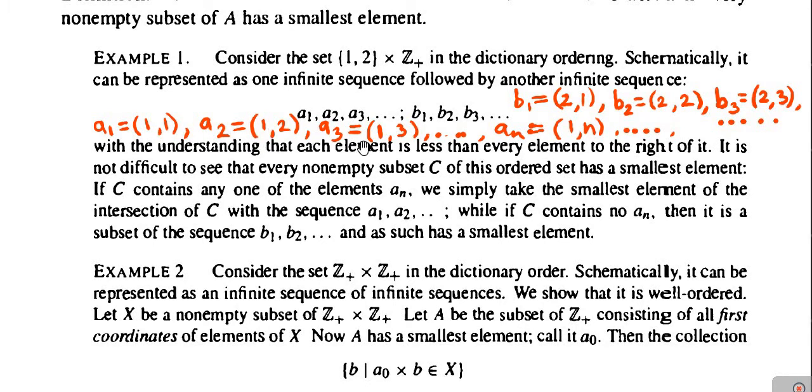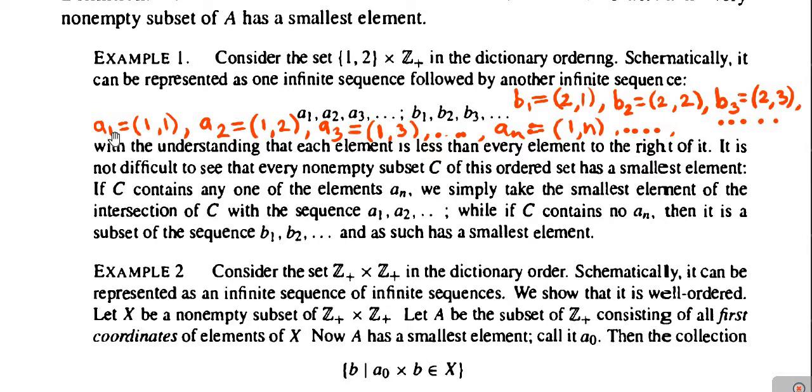Next, a2 is less than a3, as the first component is 1 in both, but the second component of a2 is 2, which is less than the second component of a3, which is 3, and so on. Similarly, b1 is less than b2, as the first components are the same, which are 2, but the second component of b1 is 1, which is less than the second component of b2, which is 2. Similarly, b2 is less than b3, and so on in the dictionary ordering.